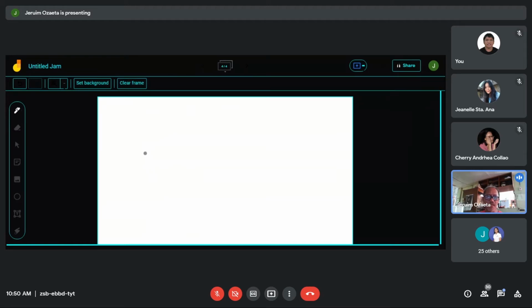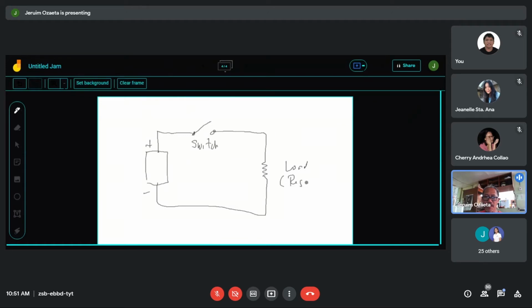Okay, so let me redraw. Here is your battery. There is your positive terminal, and let's say you put some kind of a switch, and this is now your resistor, so that this is the negative, this is your switch, this is your load, let's say the load is a resistor.